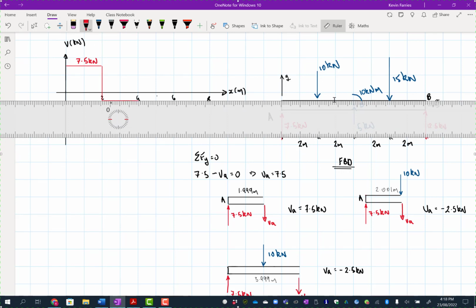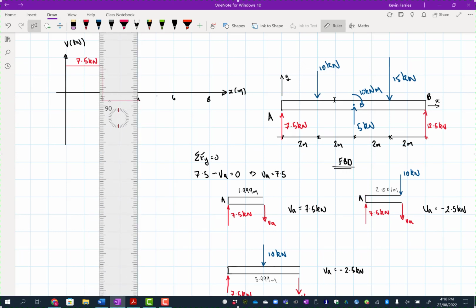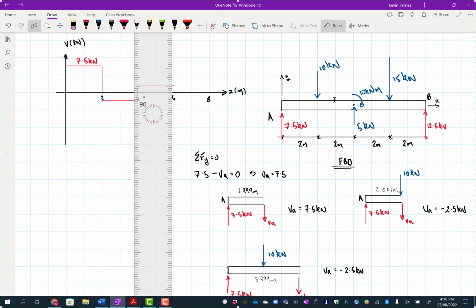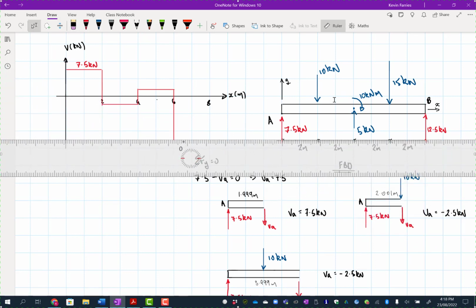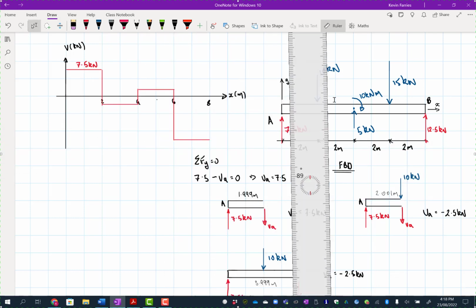Then it's going to go along until it gets to the next force. Then it's going to go up 5. So it's going to get to 2.5 kilonewtons. Then it's going to keep going until it gets to the next force. And then it's going to go down 15. So that's going to take us to minus 12.5. Then it's going to keep going along until it gets to the next force. Let me just write these on.